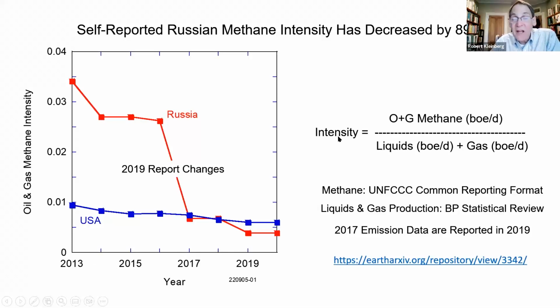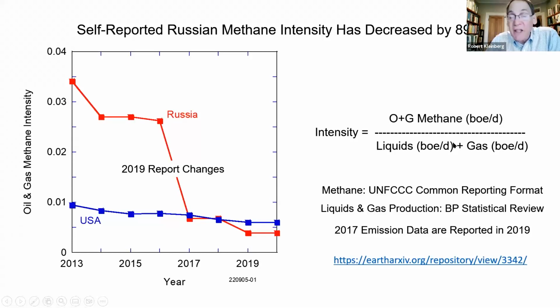For the intensity, I've taken the methane emissions in terms of barrels of oil equivalent per day and divided by total production of petroleum liquids in barrels of oil equivalent per day, plus gas also in barrels of oil equivalent. So basically, this is an energy ratio.